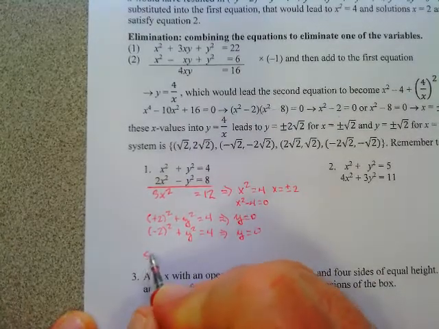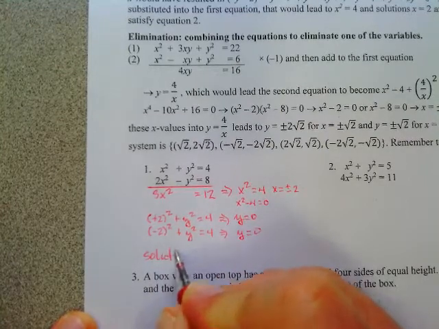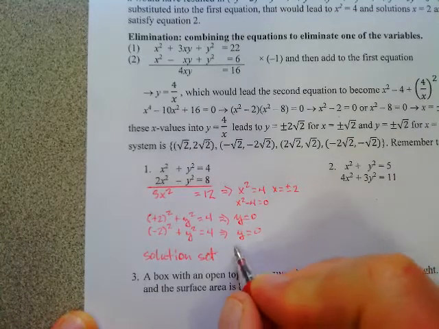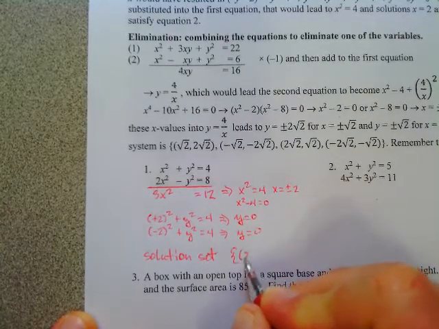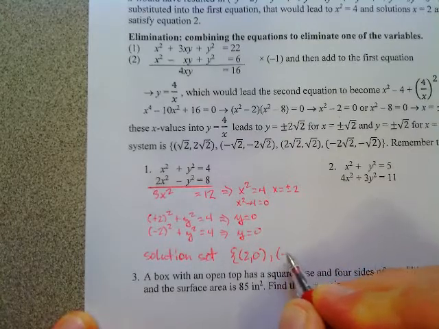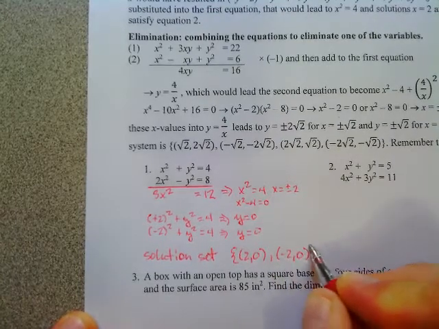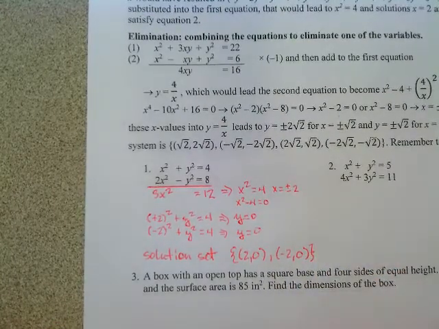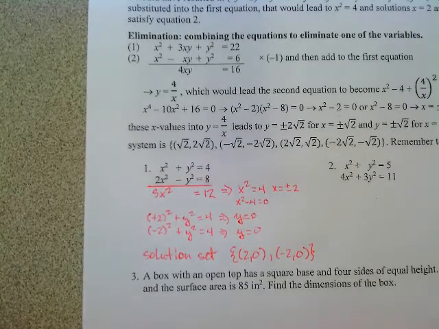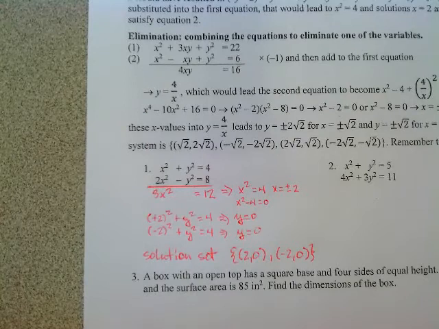And so in this case, my solution set is (2, 0) and (negative 2, 0). And I have 2 points of intersection between those two curves. So, a very simple elimination type process.